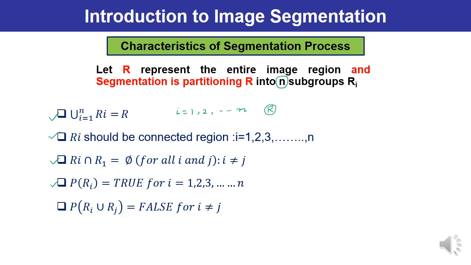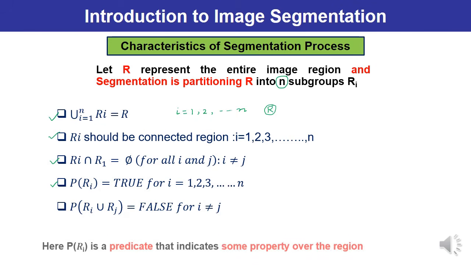Next is, if Ri and Rj are two separate subregions, where i varies from 1 to n and j is another, means if you have two different regions, nothing must be common in their union. P of Ri union Rj is false for all i not equal to j.